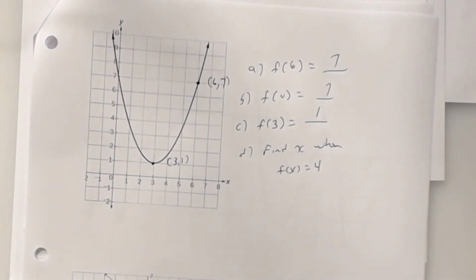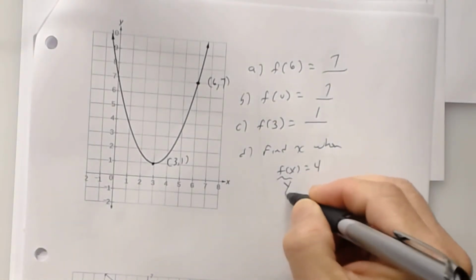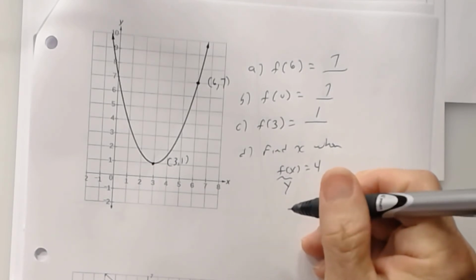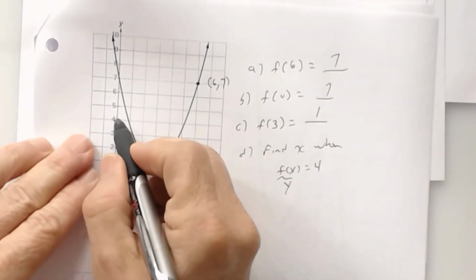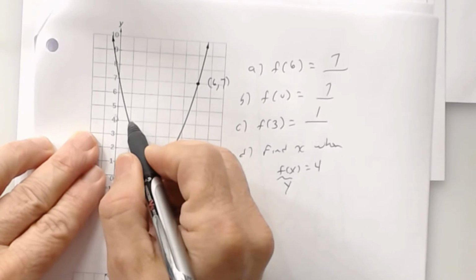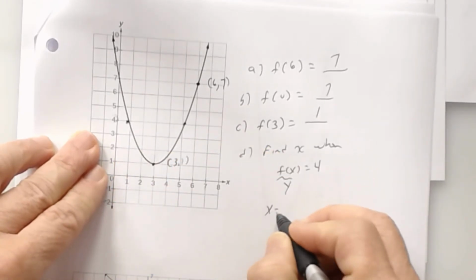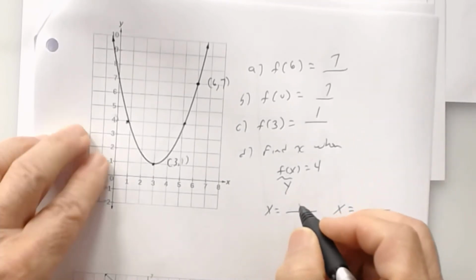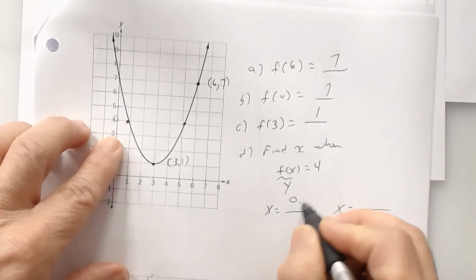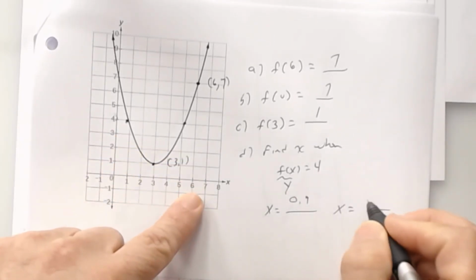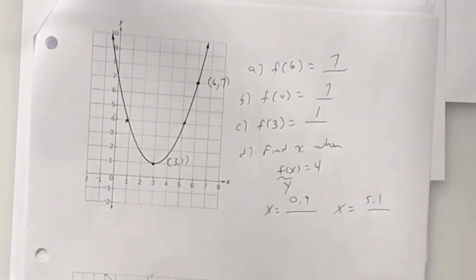Y. So where is y 4? How many points on the graph is my y coordinate 4? 2. So locate the 4 on the y-axis and then your points, right here and right here. Estimate. X equals blank, x equals blank. 0.9, okay. What's the other one? 5.1. Okay, I'll give you 5.1. All right, 0.9 and 5.1.